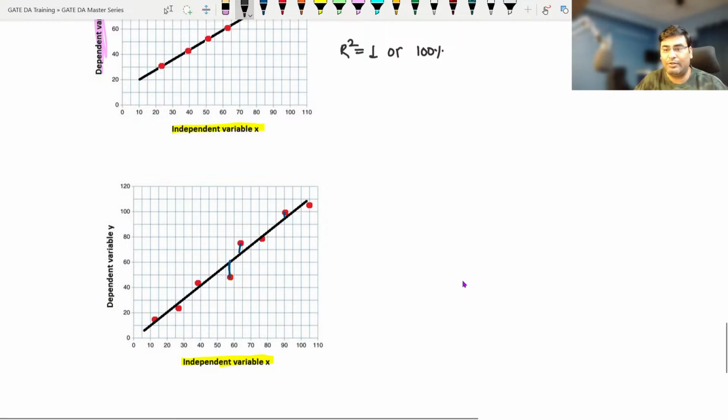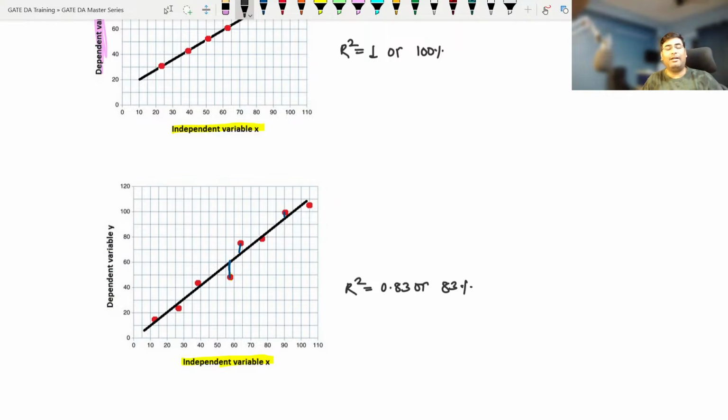So if you estimate the R square, it will not be perfectly 1, but closer to 1. With the numbers, it is 0.83 for this example, or 83%. Out of 100%, you are able to explain only 83% of the variance. So 17% is unexplained and we are not able to capture it.